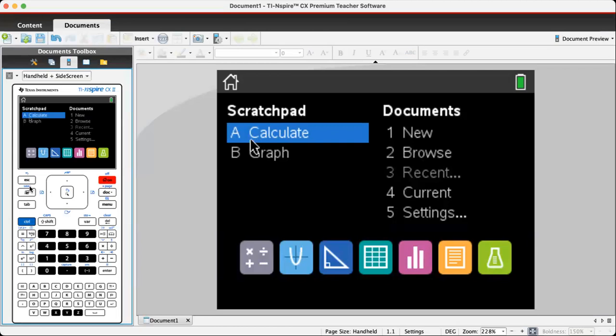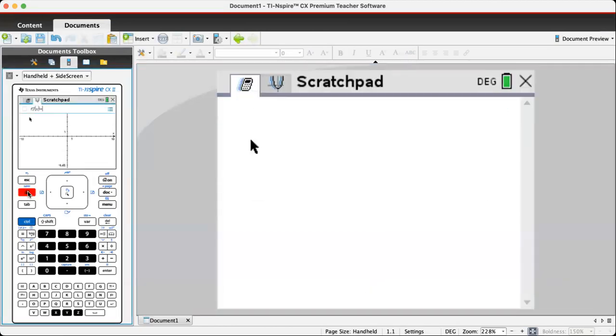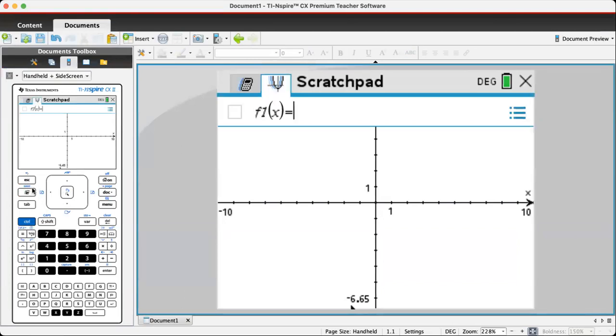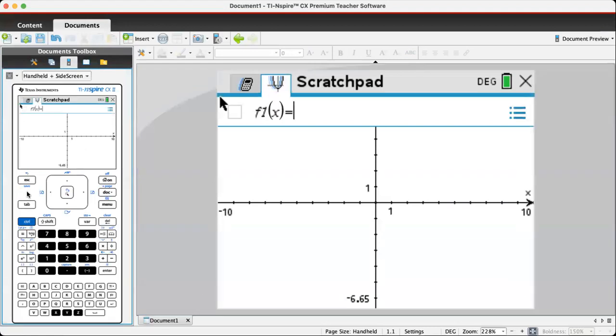So we can also access our scratchpad using this toggle key here, right? So you can see the red going on over here, right? So that goes between the scratchpad graph and the scratchpad calculator, and you can just use this toggle key here, okay?